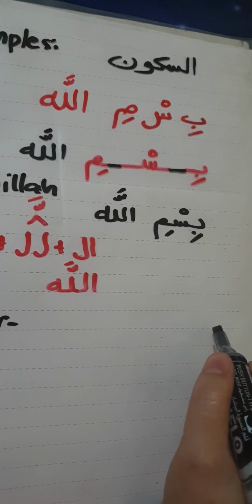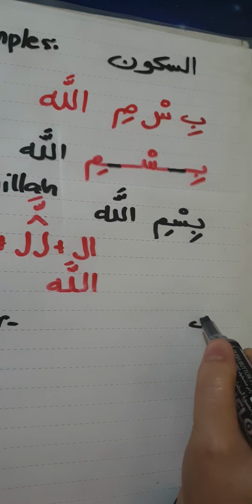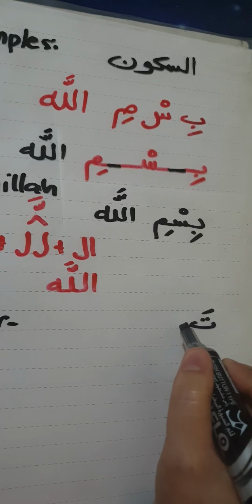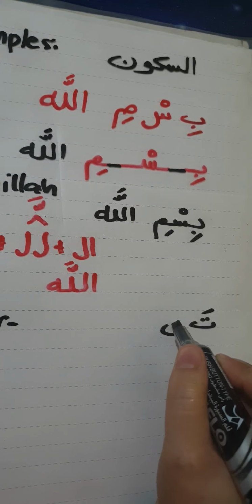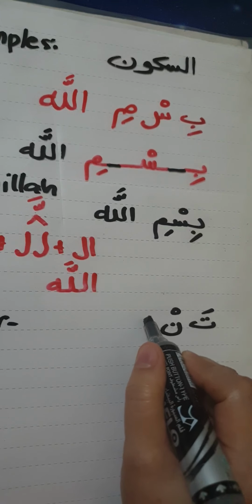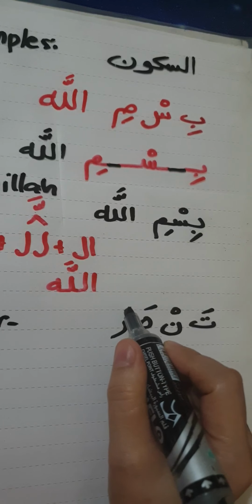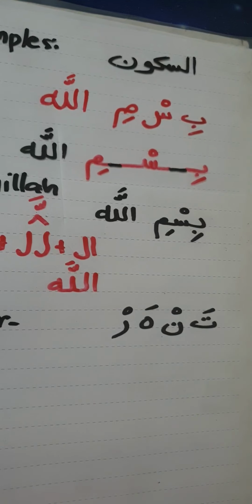So ta in its isolated form is like that with the fatha, and then the noon with the sukoon, tan, and then the ha with the fatha, and the ra with the sukoon. Now let's join them together.